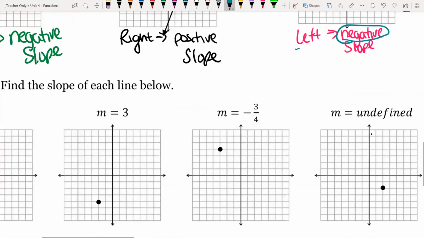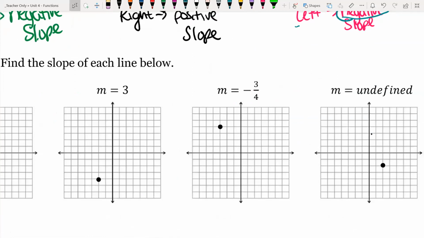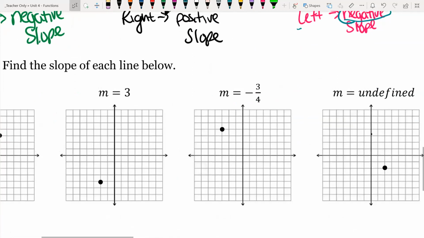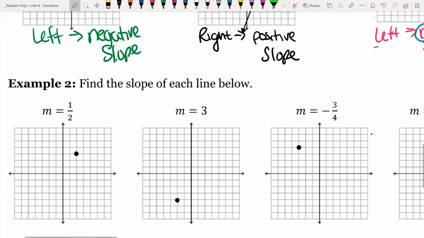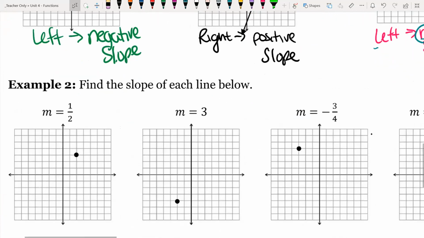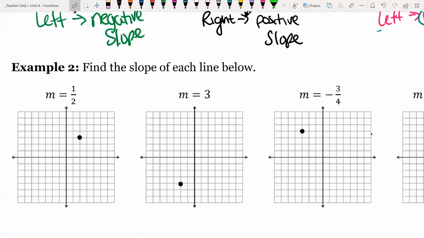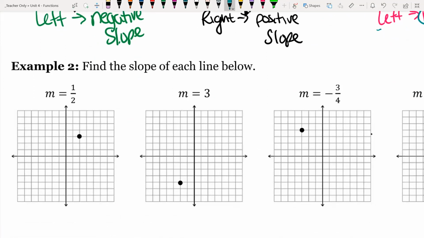We're almost done. So you want to find the slope of each line below. Well, not really. We want to use the slope to graph, okay? So you're given the slope. You're given m equals 1/2, and you're given 1 point.